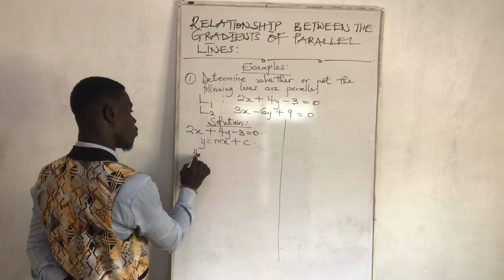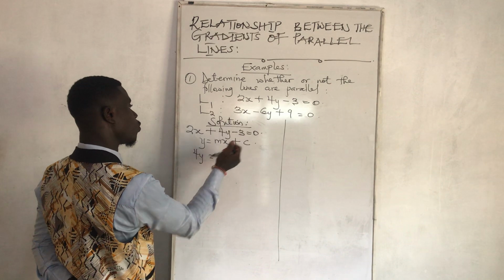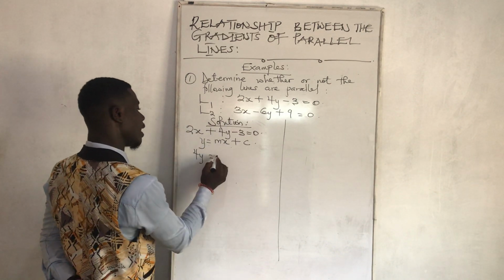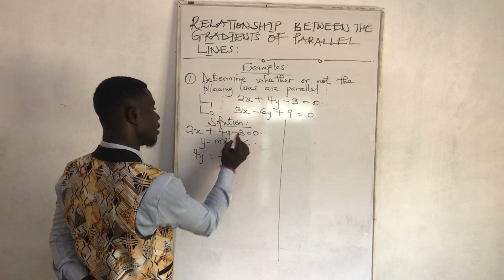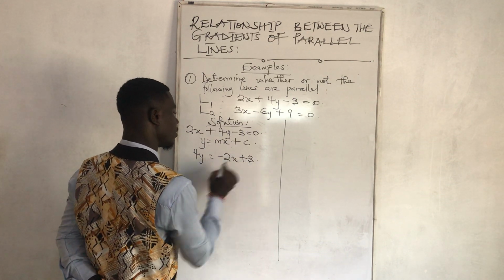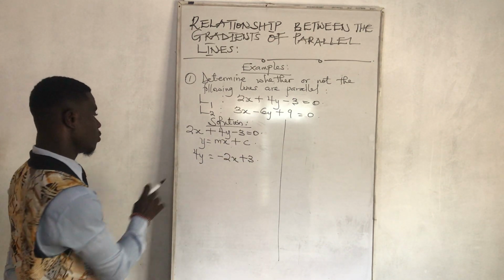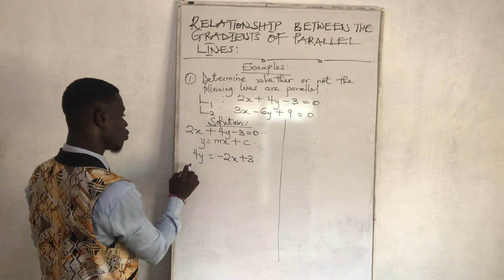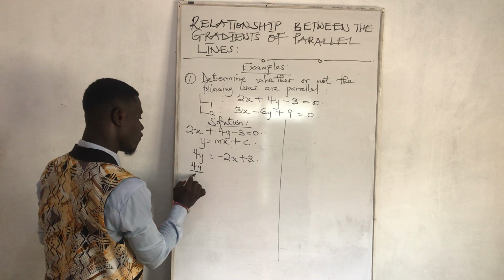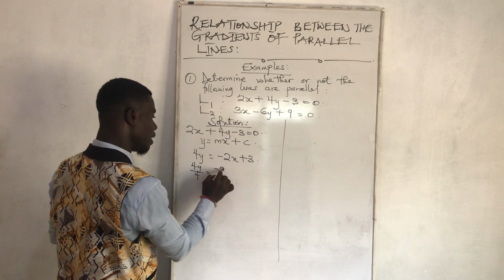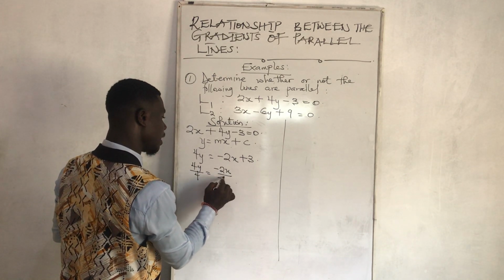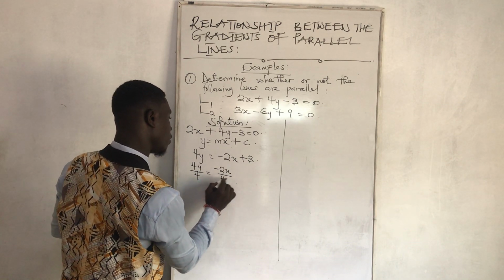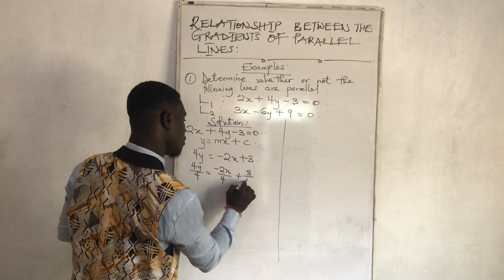So I have 4y equals, this one goes to the right hand side, so I have minus 2x plus 3. I want only y, so I divide both sides by the coefficient of y, which is 4. So I have 4y on 4 equals minus 2x on 4, plus 3 on 4.